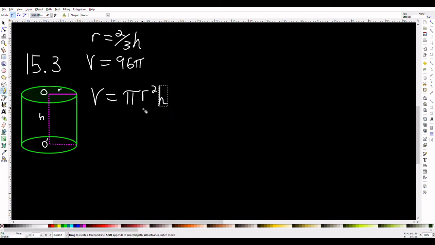And we know that r, in this case, is 2/3 h. So the volume, 2/3 h, squared times h, equals 96 pi.